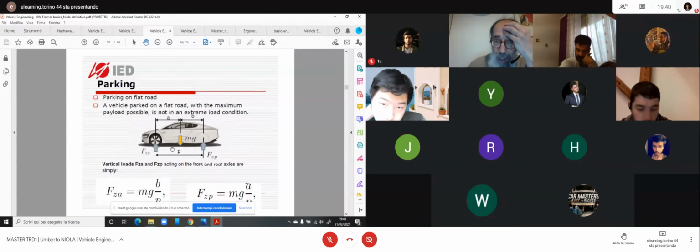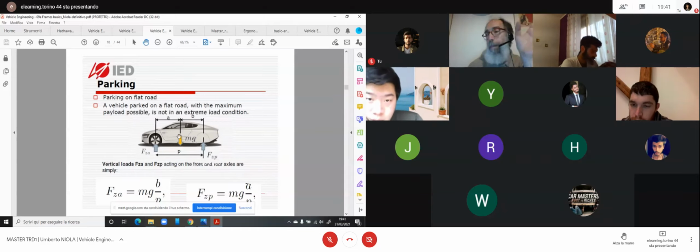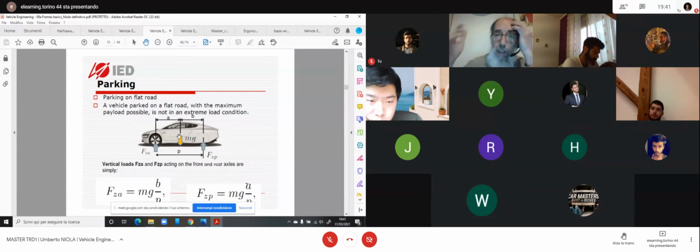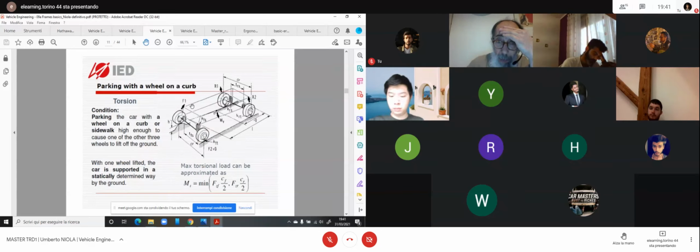Parking and solicitation start from the dimension of the car and the position, theoretically, in this first consideration, position of the gravity center or mass center. So you consider anyway the wheelbase and the distance to the front and the end. The limit condition, parking with a wheel on a curb.